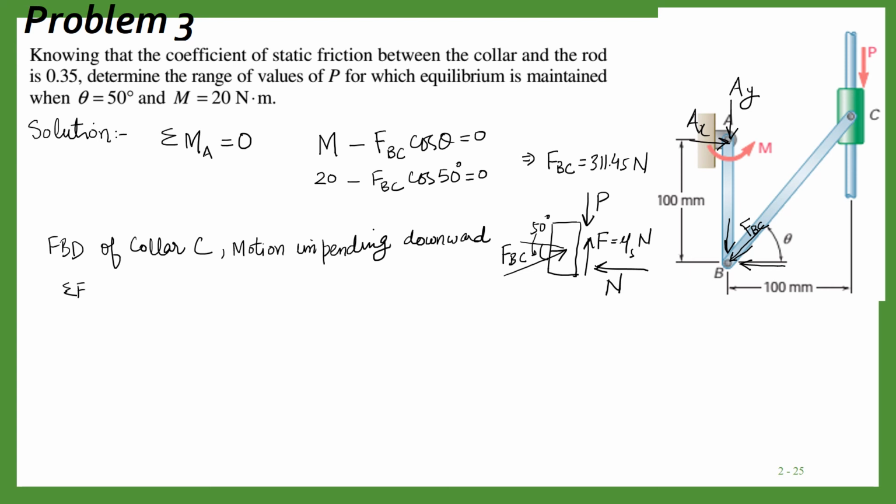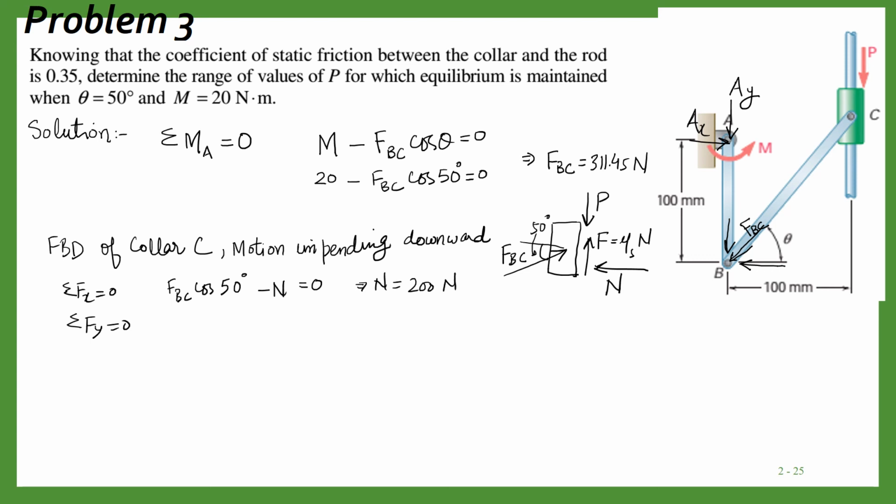So for equilibrium, summation of Fx is equal to 0. That means FBC cos 50 degrees minus N will be equal to 0. From this we can get N, so the value of N comes out to be 200 Newton. Then we have summation of Fy equal to 0.